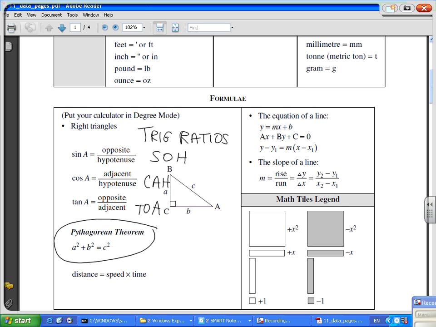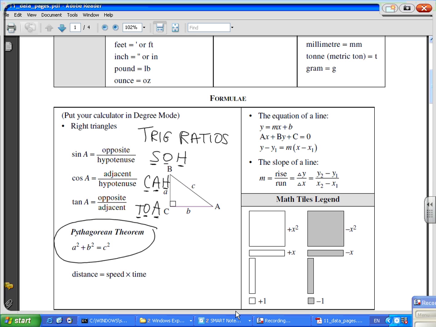The SO tells you that the sine of an angle is equal to the opposite over the hypotenuse. The cosine of an angle is equal to the adjacent over the hypotenuse. And the T in TOA stands for tangent. The tangent of an angle is equal to the opposite over the adjacent. So it's just a memory trick, but of course you can use your data booklet as well.